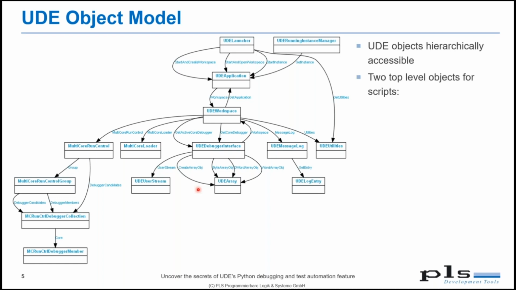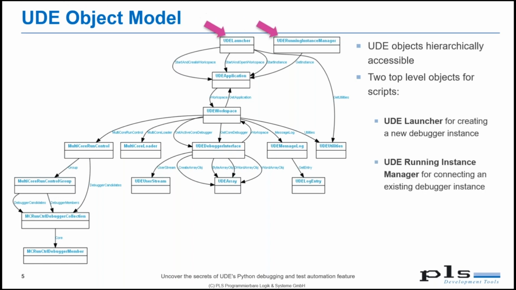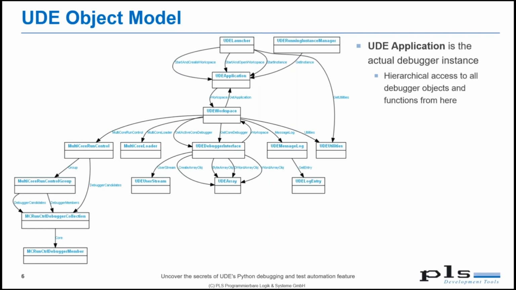At the very top, we have two objects that are used as a starting point. The first one is the so-called UDE launcher. That is used if you want to create a new UDE debugger instance. So basically to start the UDE. And then we have the UDE running instance manager, which is used to connect to an already running UDE.